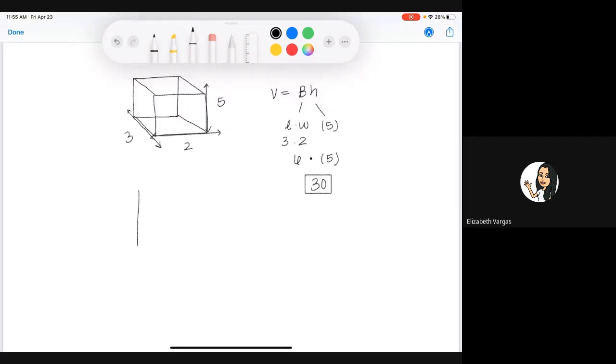Now, hold on guys, give me 1 second. Okay, aquí está donde. Sí, mija. Hold on, guys. 1 second.